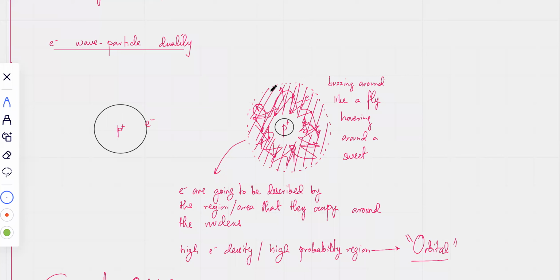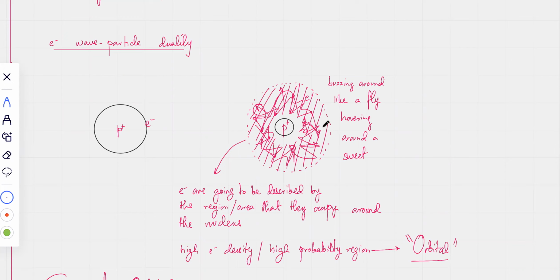So the electron is moving so fast that you can't predict exactly at any specific time where that electron is. What you can do is demarcate a region around the nucleus, and state that the electron is somewhere in that region. So the behavior of an electron is not shown by this spherical path. There is no path actually.